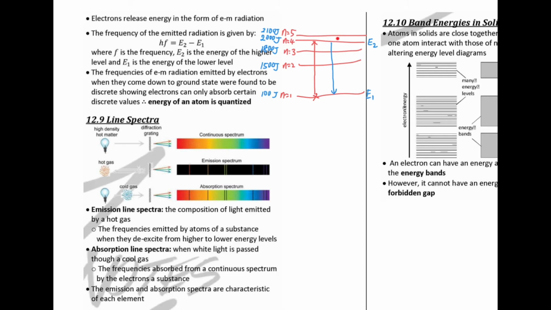So you have to release 100 joule to come to n equal to 4, or you release 300 joule to come to 1800 joule. So it must be a fixed value. Cannot be any values. So that's why they write the important words here: discrete values and quantized. Quantized means discrete basically.